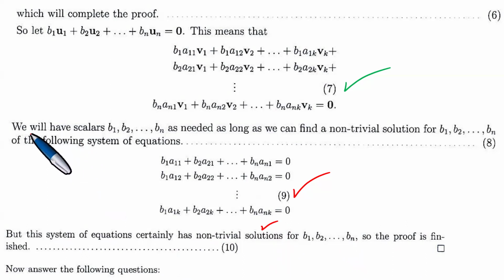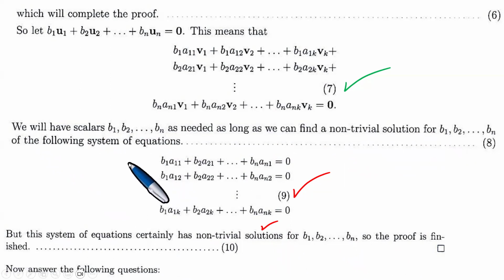Okay, for instance, you look at this. We will have scalars B1, B2 up to Bn as needed, as long as we can find a non-trivial solution of the following system of equations.